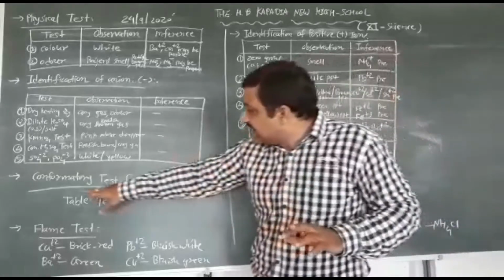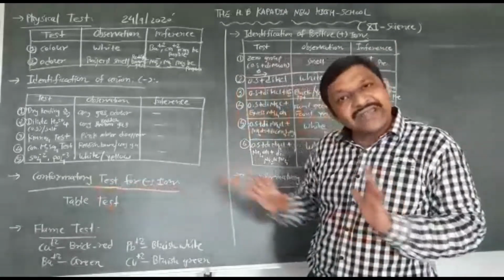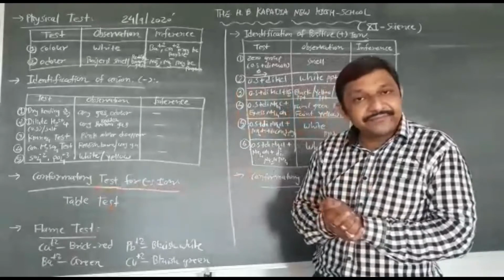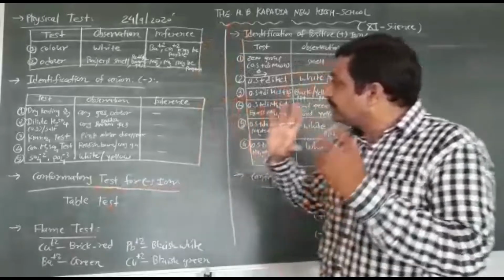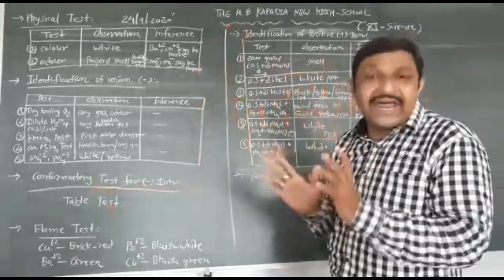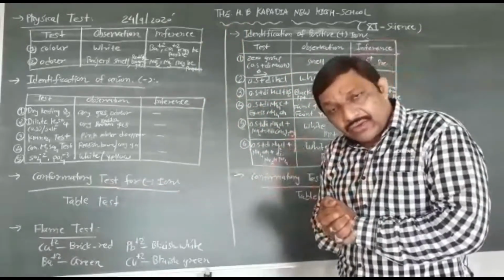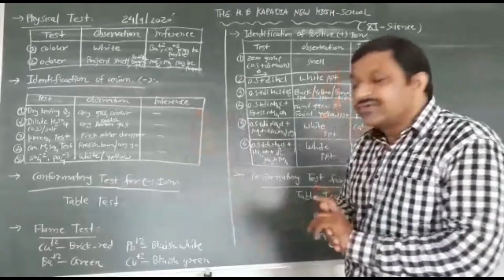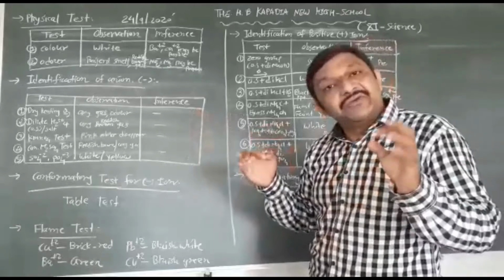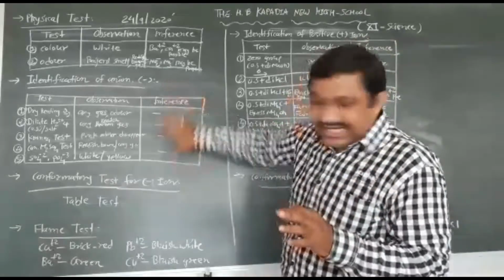That's why here is the confirmatory test for negative ion. Clear? So this is how to find out anion, or negative ion. You have to perform these 5 tests, and you will get any negative ion through them.